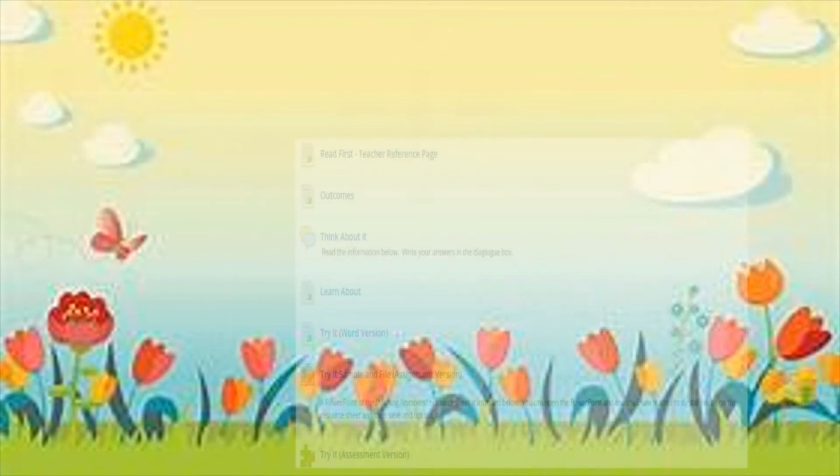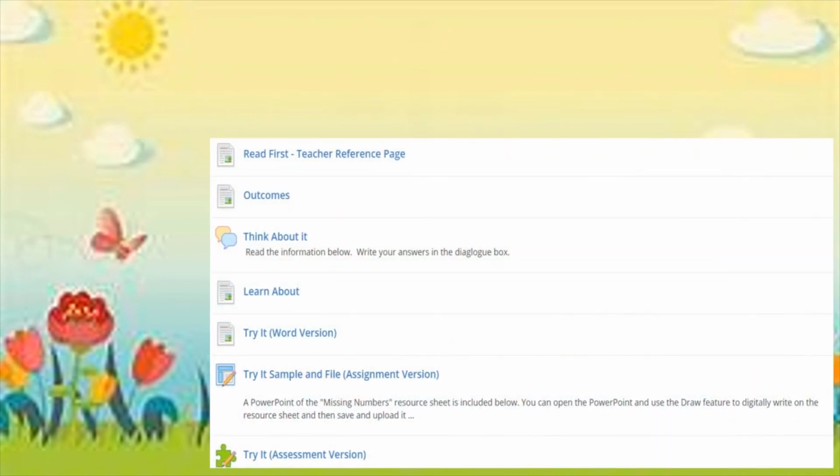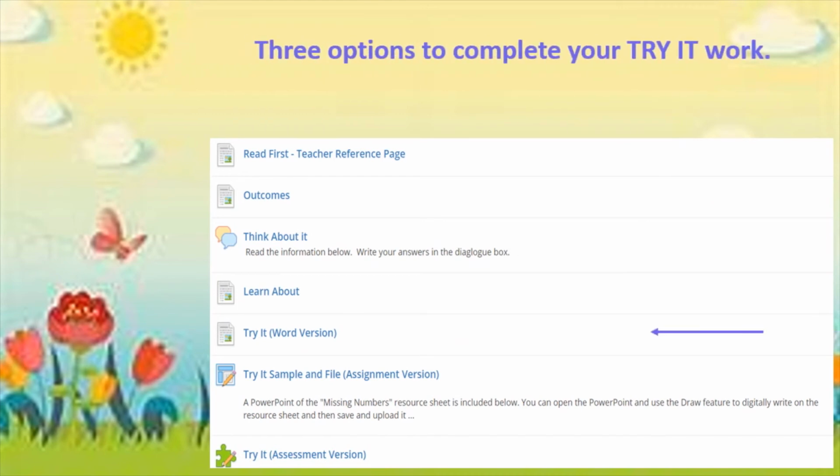Now, here's how you can go ahead and show your work. There are 3 different ways you can do that, or 3 options. The first is you can download a Word document version and print it if you have a printer. The second one is you could do the assignment version.